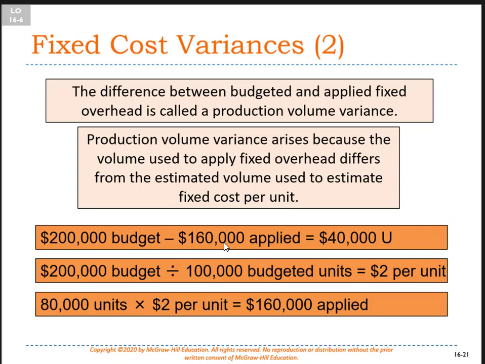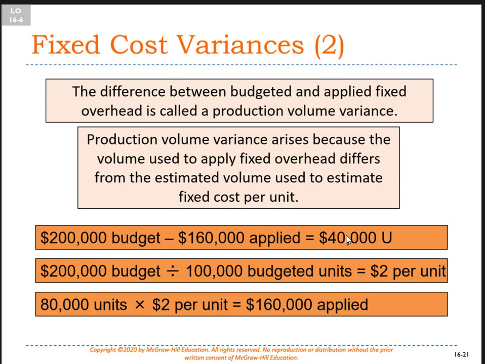Because when we started the year, we had a plan of $200,000 budget and 100,000 units. So that's a $2 per unit predetermined overhead rate. But we only made 80,000 units. So we only applied 160. So the difference is 40,000 units.